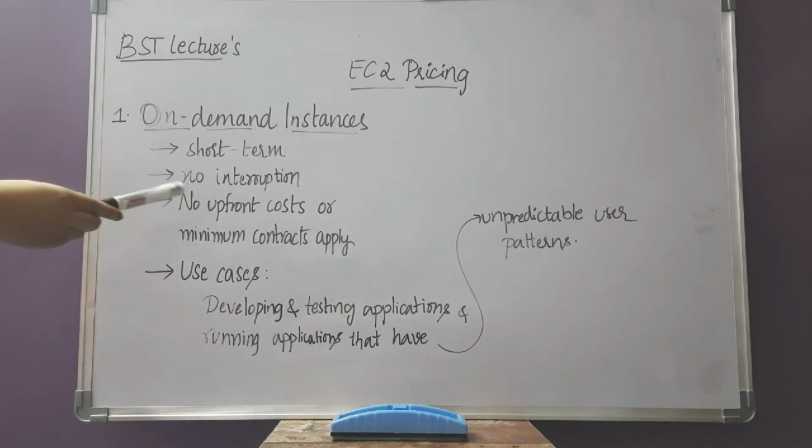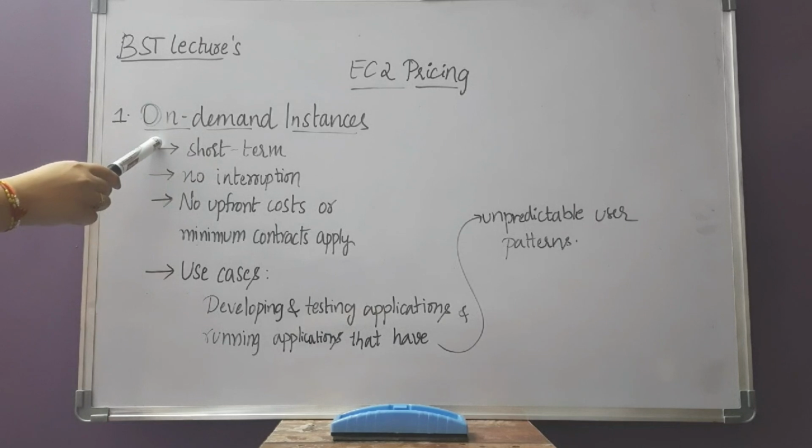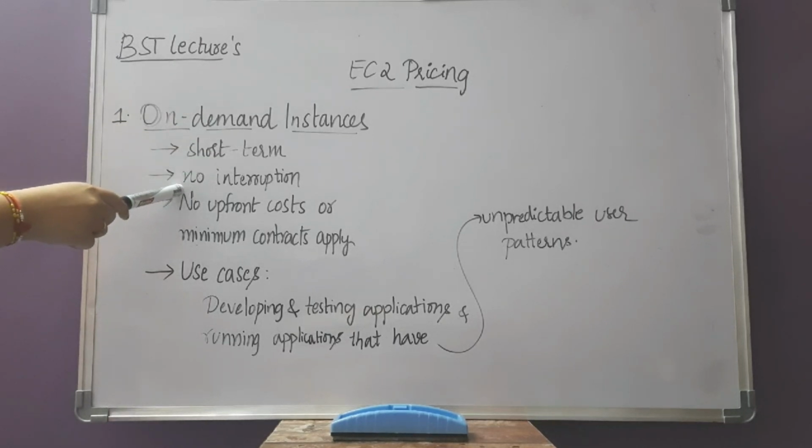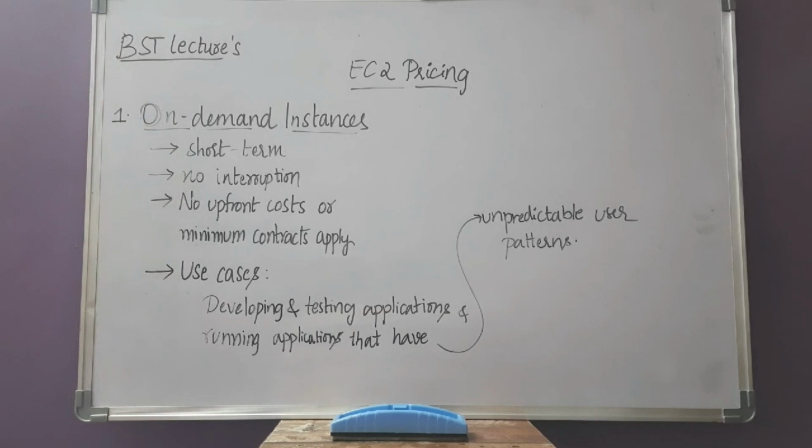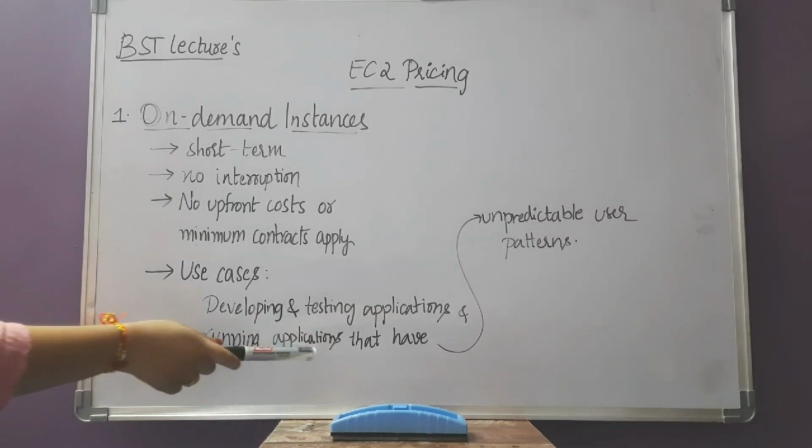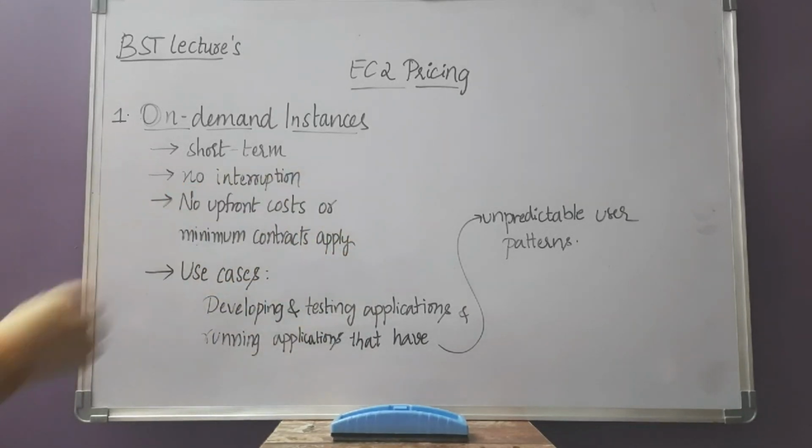The workloads which cannot be interrupted are run on these instances for the short term. The next point is no upfront cost or minimum contracts applied. Means there are no minimum contracts applied while using on-demand instances of the EC2 pricing model. Next, the use cases of on-demand instances are: these instances can be used while developing and testing applications and running applications that have unpredictable user patterns.